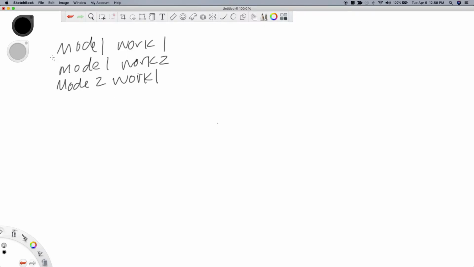So in these two conditions, we're matching the work, but I'm expecting you to do different types of exercise. So mode 1 could equal step, and mode 2 could equal treadmill.